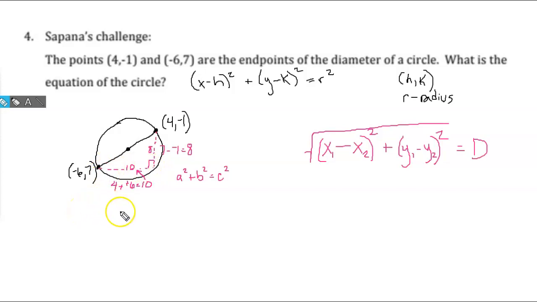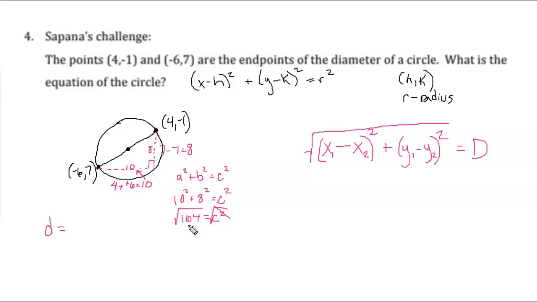So for this problem, that's going to be 10² + 8² = c², or 164 = c². So when I take the square root of both sides, I'm going to get that the distance, the diameter, is equal to the square root of 164. Now, as always, we want to reduce our square roots, reduce our radicals, and 164 seems like a very even number.